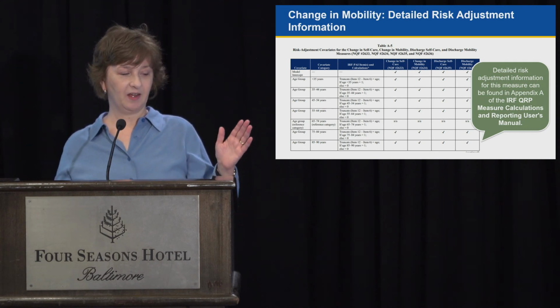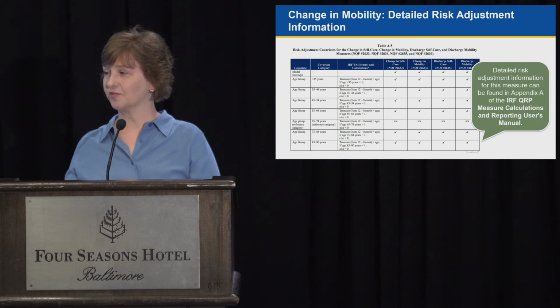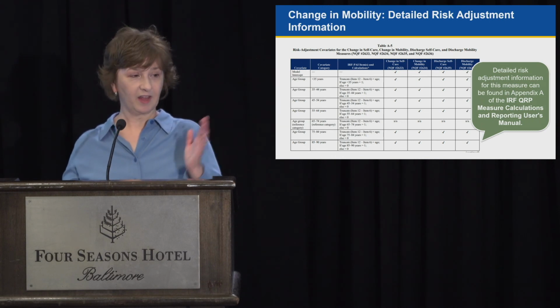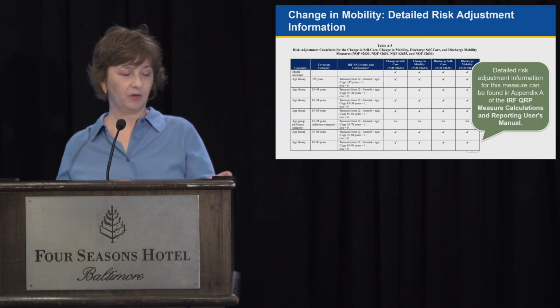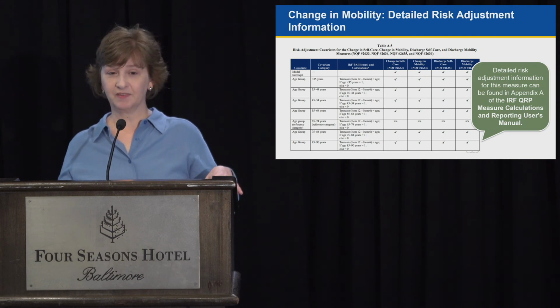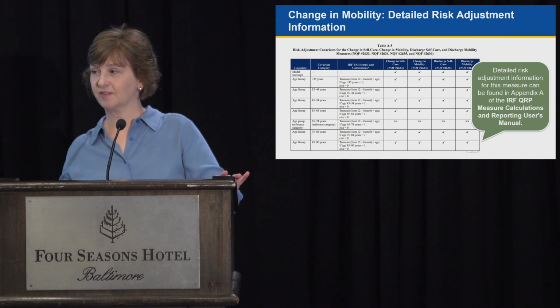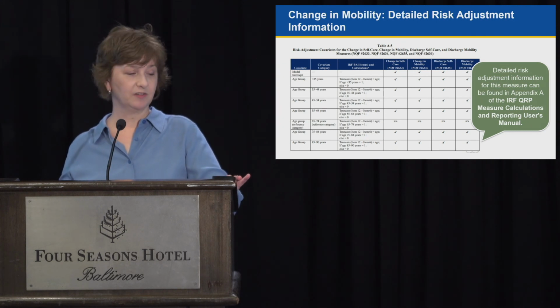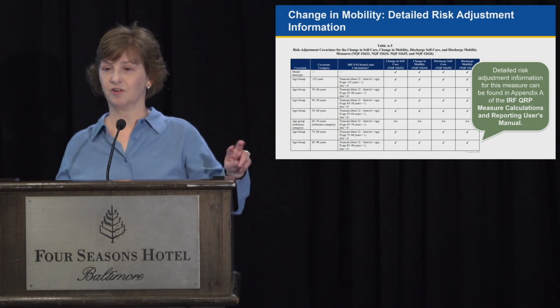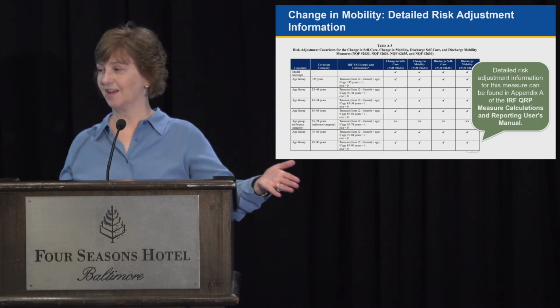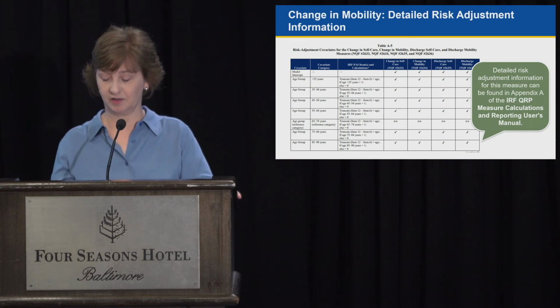In fact, because so many of the risk adjusters are similar and how they're calculated is similar, you'll notice that there's 4 columns in this table. The first 2 columns relate to the change in self-care and change in mobility measure, and so you can see exactly which risk adjusters are included in both measures. In this case, all the age categories are included in both measures.